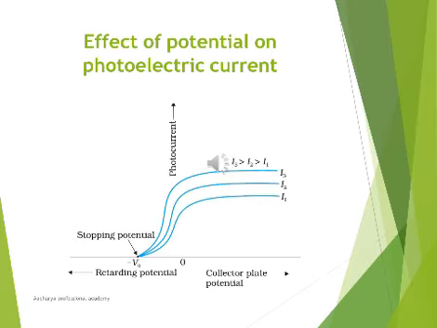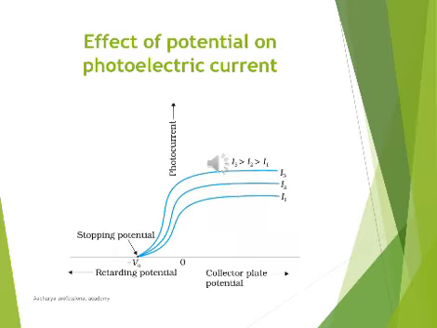You see the diagram? Now let us see the effect of potential on the photoelectric current. When we change the potential between the electrodes, the photoelectric current also varies. Consider the graph for a given intensity I1, between the collector plate potential and the photocurrent.